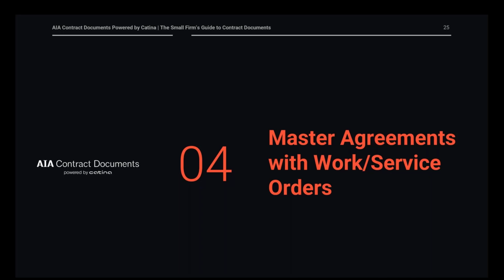But we know that it is common practice for owners often to engage architects and or contractors, architects to engage consultants and contractors to engage subs in the master agreement and work or service order contracting situation.